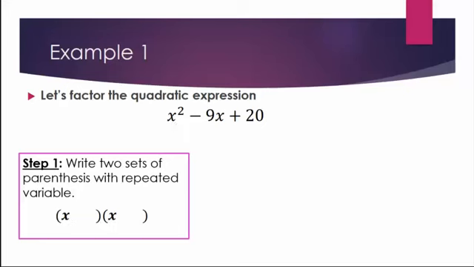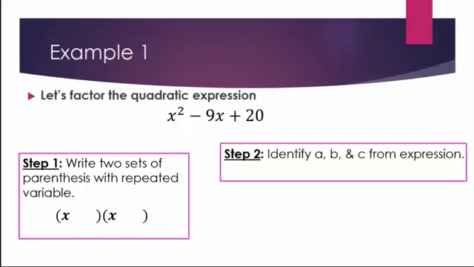Step 2, identify a, b, and c from the expression. Remember, a is in front of x squared, b is in front of the variable x, and c is the last one without any variable. All right, so my numbers are 1, -9, and 20.